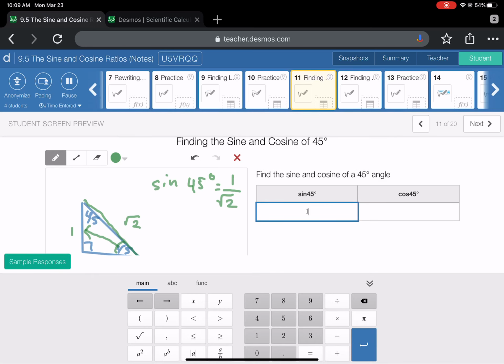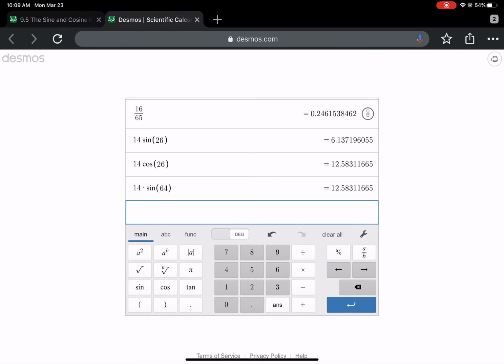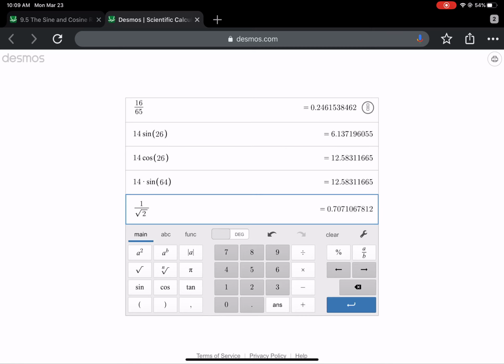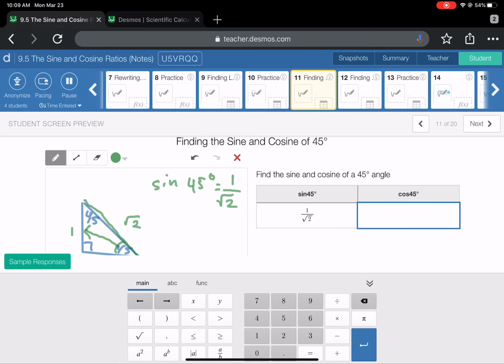So then I would have 1 over the square root of 2, which we're going to have to type into the calculator to get our value, 1 divided by square root of 2. And we're going to round to 4 places, so 0.7071. That's what we're looking for.